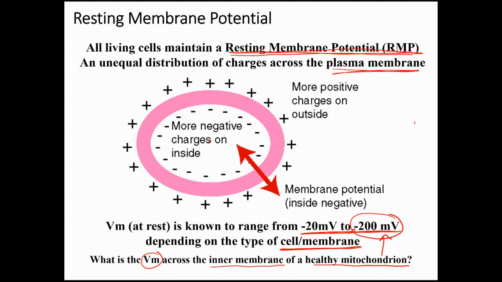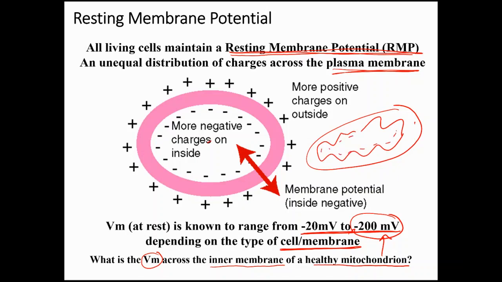So if we had a mitochondria, outer membrane and inner membrane, we know that the inside of the inner membrane is negatively charged and the outside of the inner membrane is positively charged. And the inner membrane of the mitochondria is probably the membrane in biology that has the largest, most powerful membrane potential.